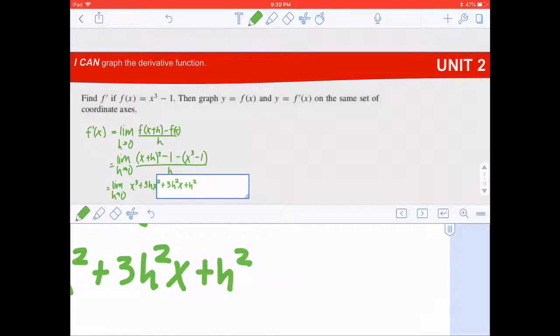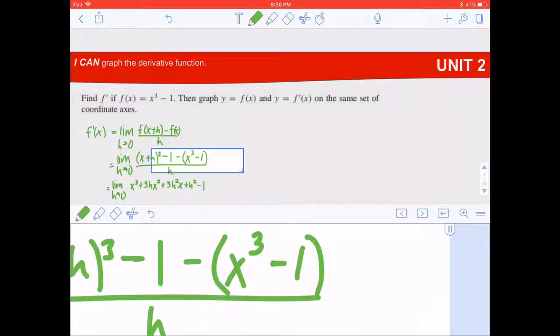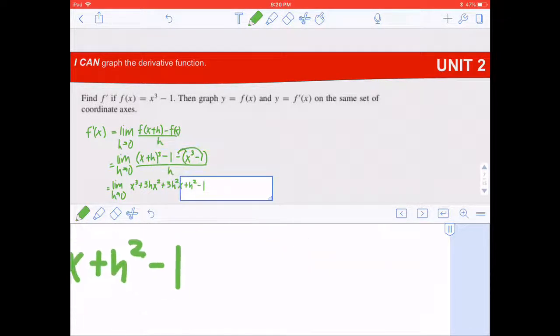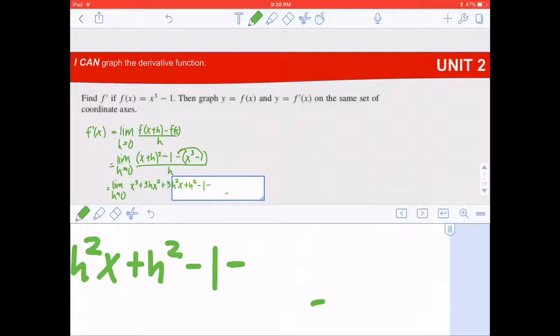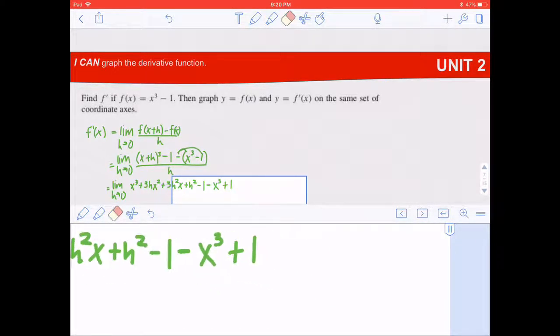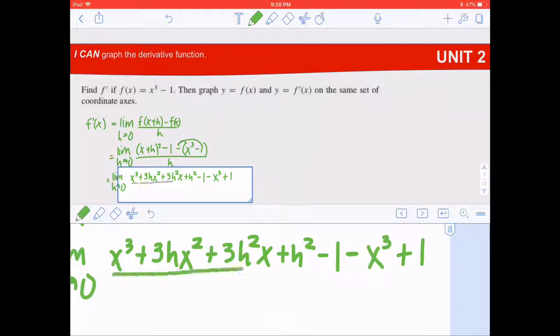We still have that minus 1 hanging out there, so I'm going to put a minus 1. And then I'm going to distribute this minus here. So that gives us minus x cubed plus 1, all divided by h. Now that everything is FOILed out, I'm going to see what is going to cancel. And those are opposites.